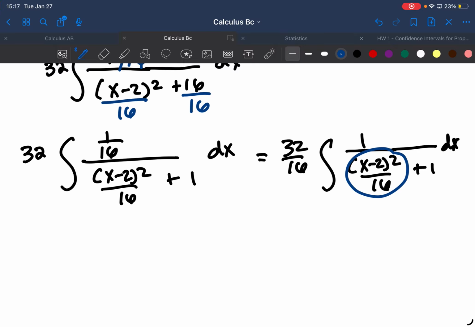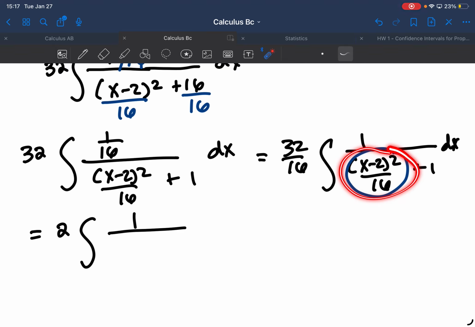Yes, I can do that. So what I'm doing here, first of all, what's 32 divided by 16? 2. Integral 1 over, and I'm going to take this x minus 2 squared over 16, and we're going to put the 16 inside of those parentheses and square it.